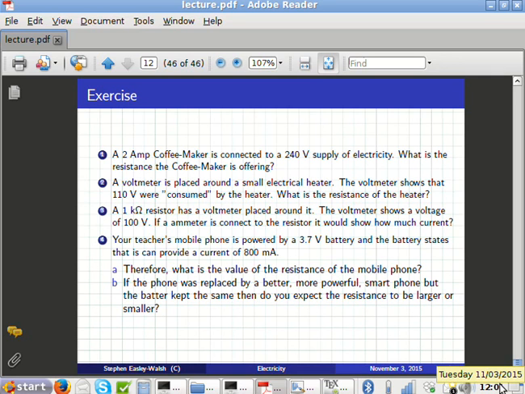The output will be bigger. So if he's stronger, this can be fatter. Maybe it's easier to think about it this way. If this is the same and he is stronger, then he can be fatter because he is stronger. So this should be bigger. Does that make sense? What did we say the formula was for I? V over R. So that will be 12 over 2, which in this case is 6 amps.